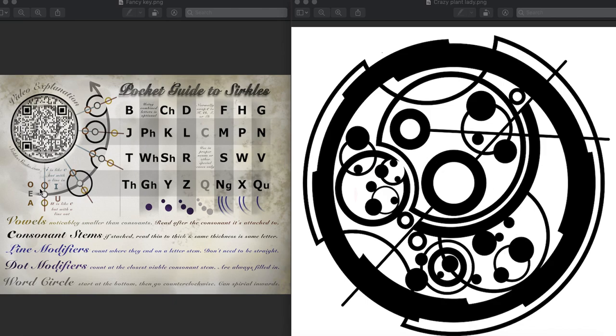And then vowels are different still. They're smaller circles, and they have different positions depending upon what vowel they are and if they're attached on one of the four consonant stems. And on vowels, line direction matters. Otherwise, line direction for these modifiers doesn't matter at all whatsoever. But for an I, it's got to have a line going towards the center of the word, and a U has a line going out from the center of the word.